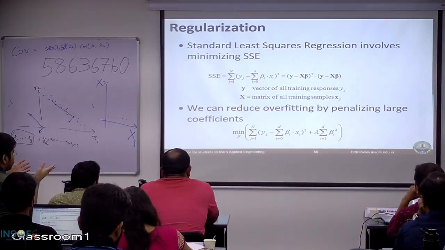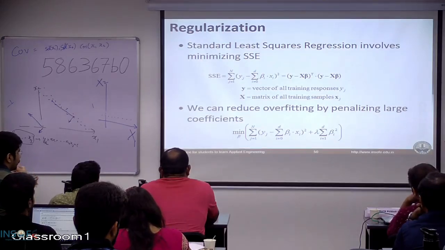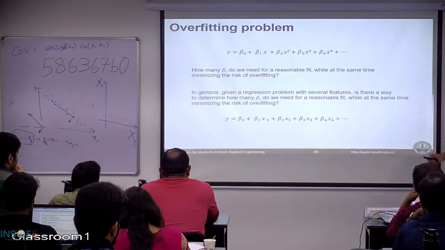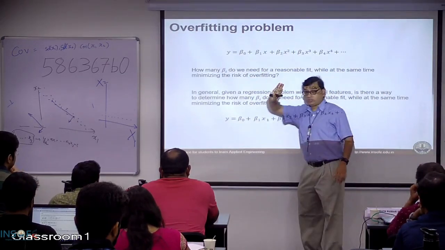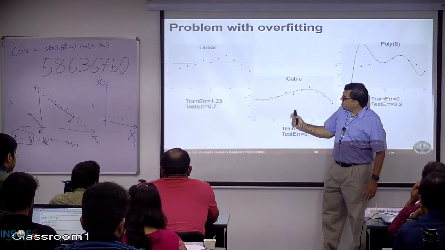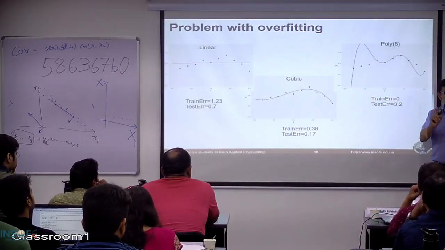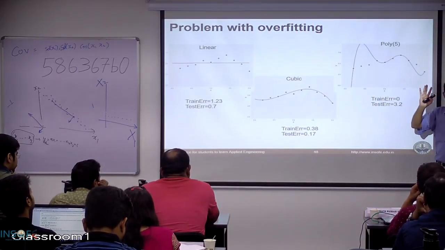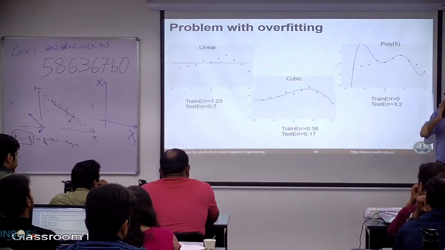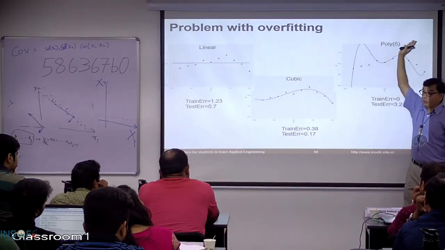So what is the correlation between the complexity and the beta value? Sure. So the correlation between complexity and beta value is the following. Previously we saw when we just minimized the sum of square errors, making it as small as possible, it chose a fifth order polynomial.